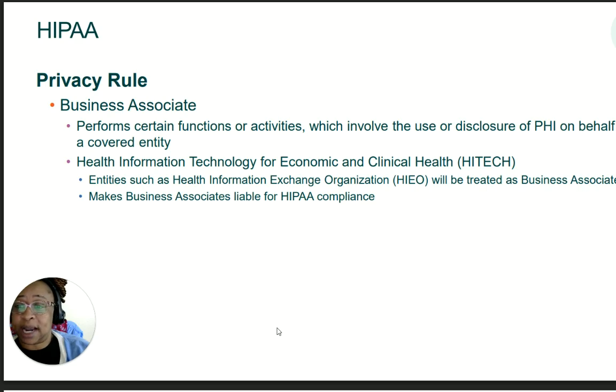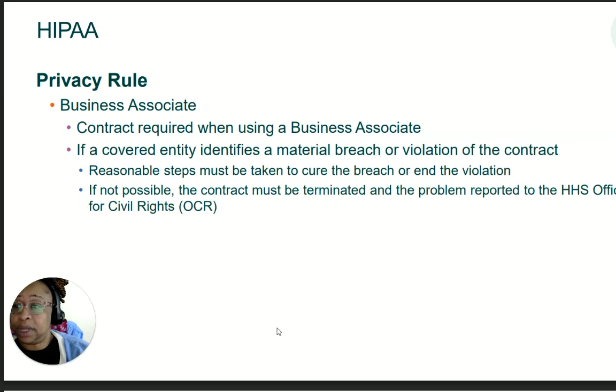Health Information Technology for Economic and Clinical Health: these entities, such as health information exchange organizations, will be treated as business associates. This makes business associates liable for HIPAA compliance. A contract is required when using a business associate.